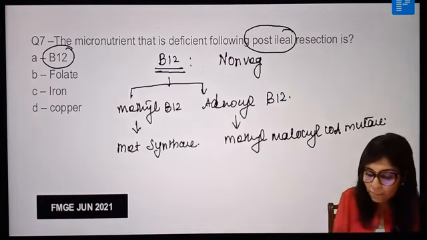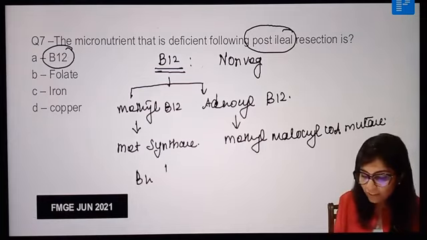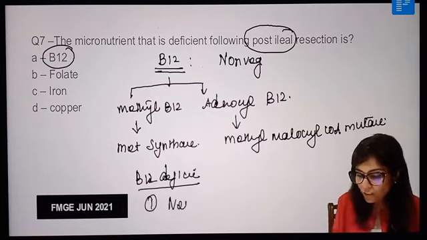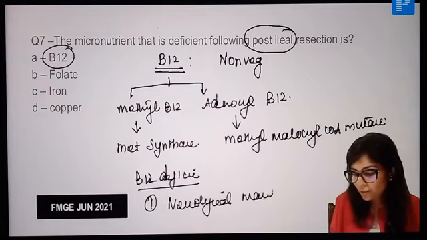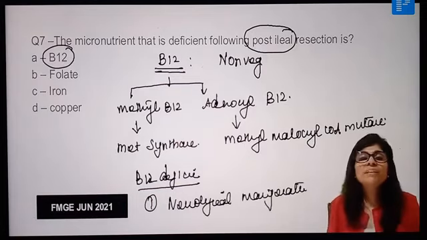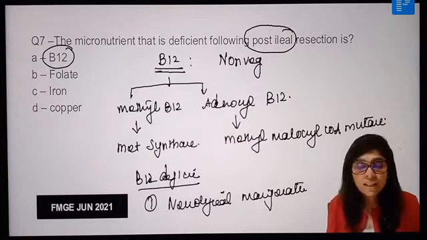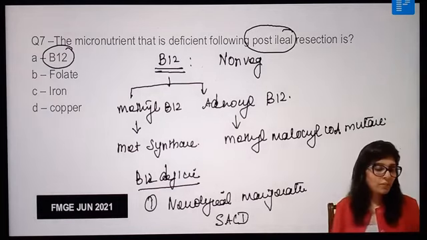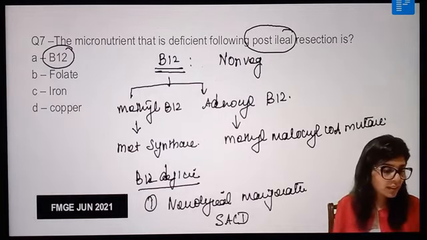Now, what do you expect whenever there is B12 deficiency? You should expect neurological manifestations. Do you understand this? They present with peripheral sensory neuropathy that progresses to cause subacute combined degeneration. Very good, Ajas Krantilal Dalvi.